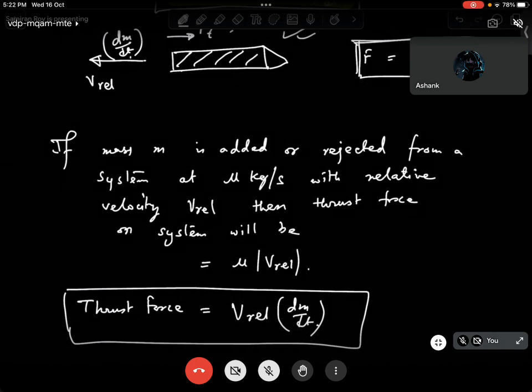Yeah. So this dm by dt is only mu. Correct. Mu is kg per second. See the unit? Mu is kg per second. That is only dm by dt. Clear?